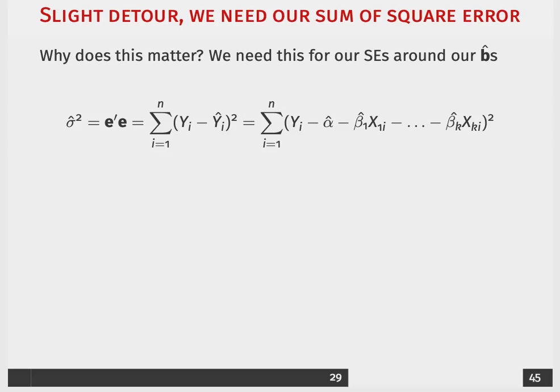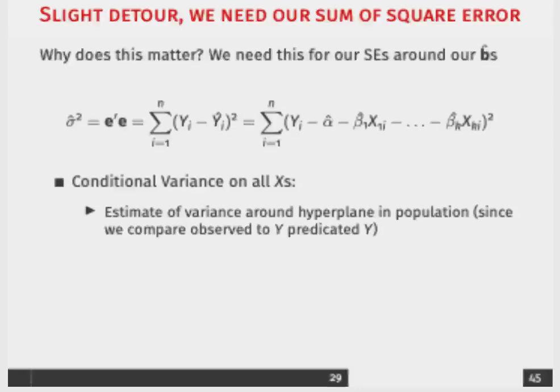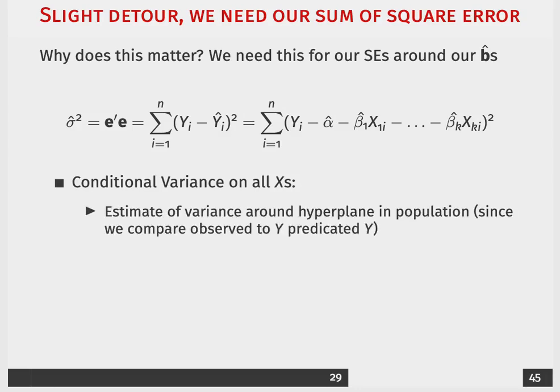Now, you'll remember that the equation looks something like this, but there's an extra fold that we need to consider here, where these are going to be conditional variances on all of the x's. Remember, we're trying to estimate the variance around a hyperplane in a population, since we're going to compare the observed value of y predicated on x, but there's going to be many different values of x.